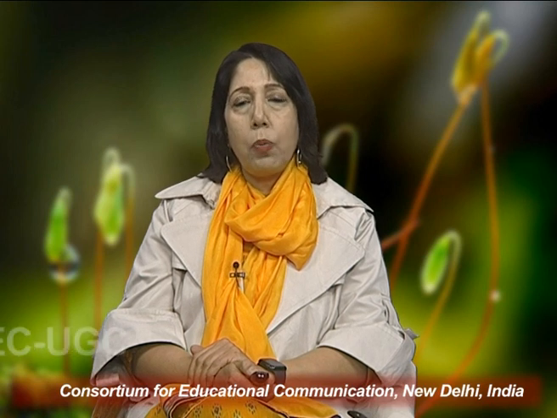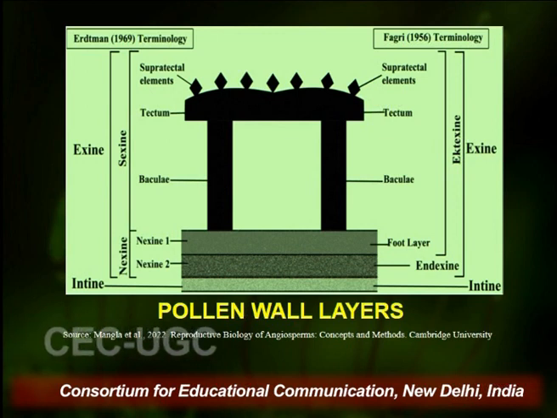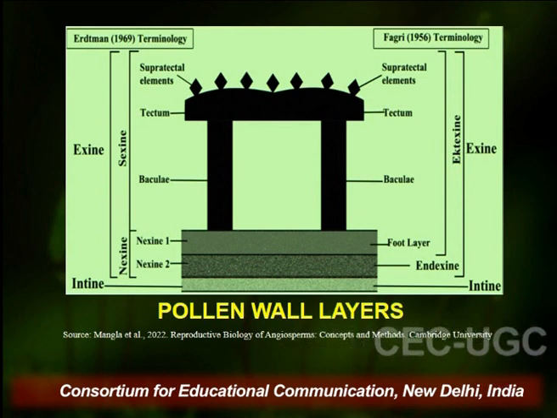Now this is one particular picture in which you can see the pollen wall, and two very common terminologies are generally used. One is given by Erdtman and the other is given by Faegri.